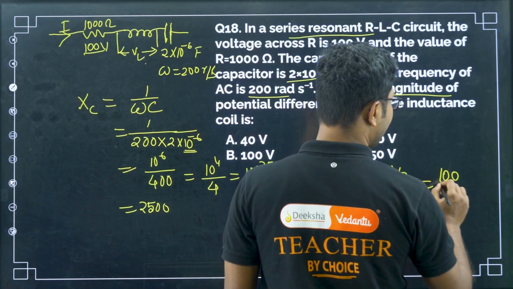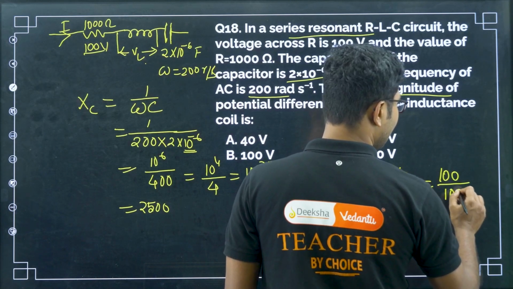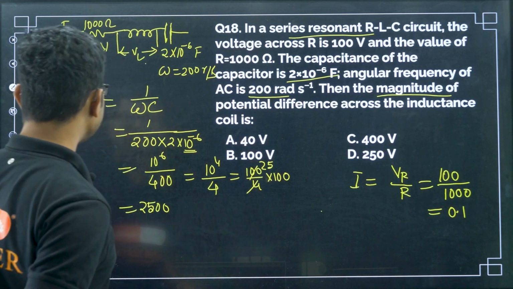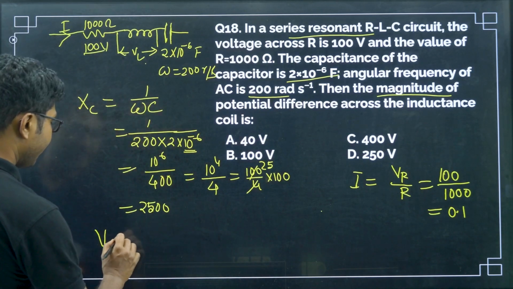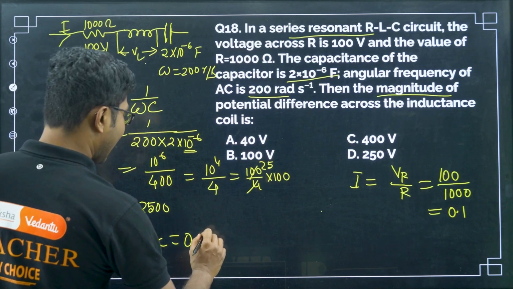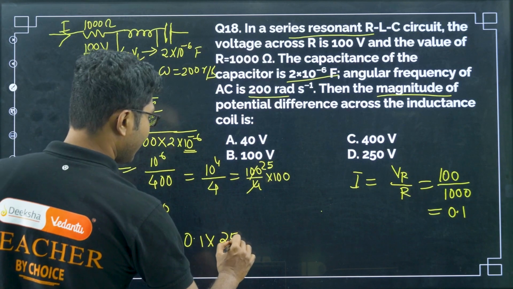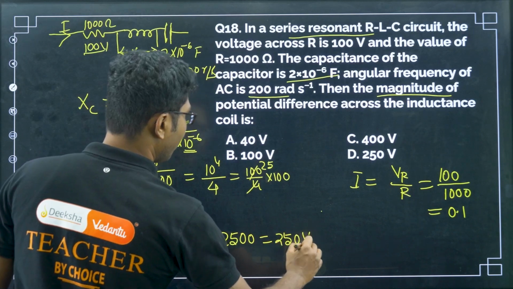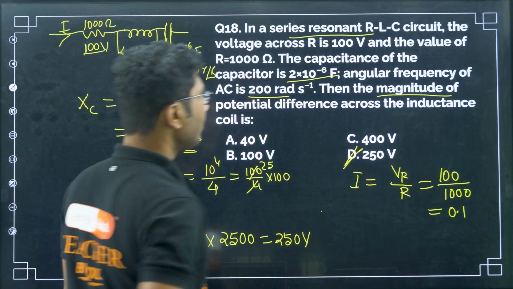VR is 100 and R is 1000. So, I is 0.1. So, what is VC? VC is I into XC. I is 0.1, XC is 2500, so it will be 250 volt. So, the answer is 250 volt.